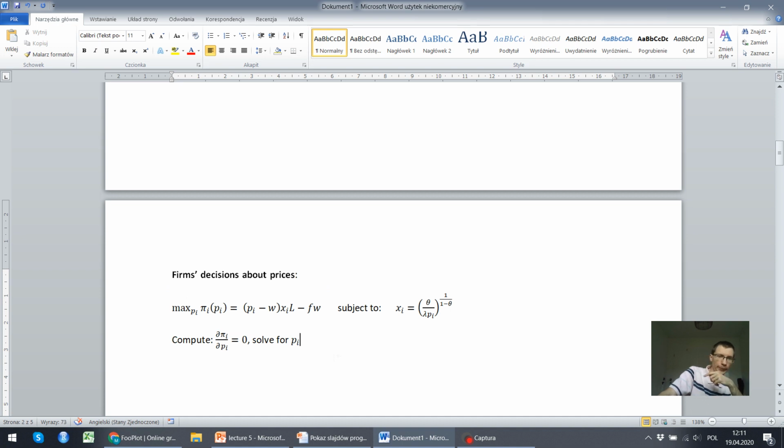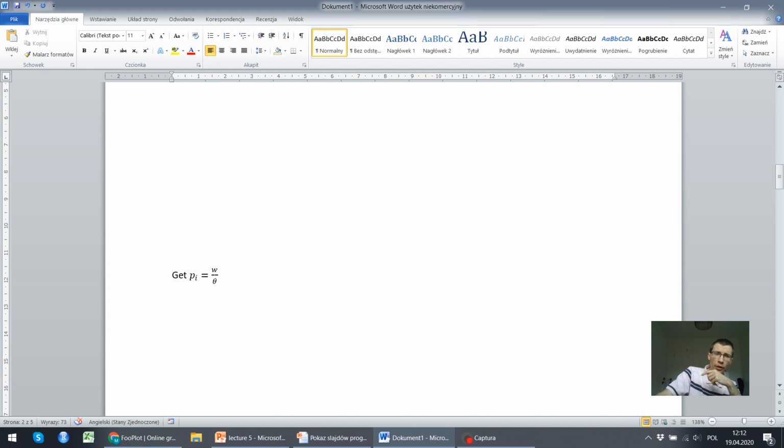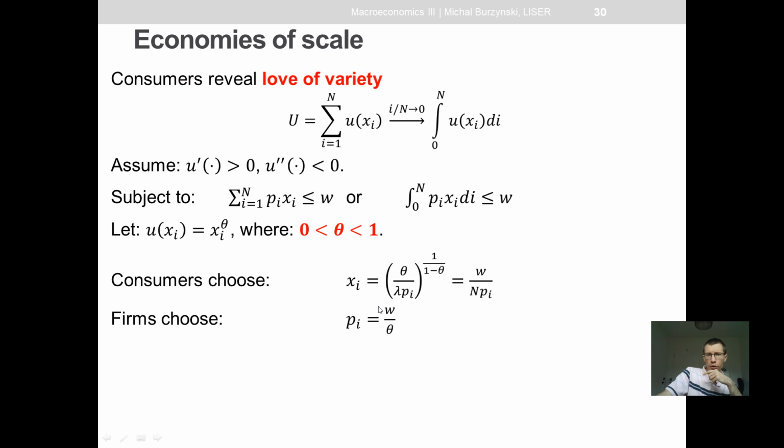You have to do it on your own. If you are successful, you arrive at a very simple equation that tells you that prices are actually a function of the unit cost of production, which is in our case only the labor cost, the wage, over this theta parameter that comes from our utility function, which tells us the level of differentiation between different varieties.